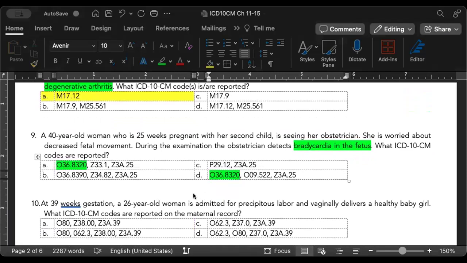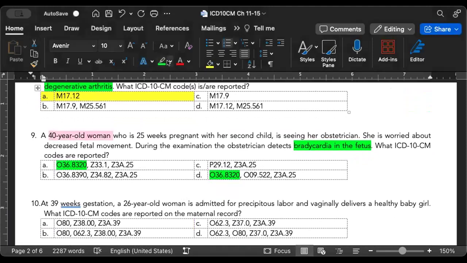Okay. So the next one that we need to code is our 40-year-old woman that is pregnant. So that is considered an elderly pregnancy, or also what's known as... oh my gosh, the word just totally went away from me.